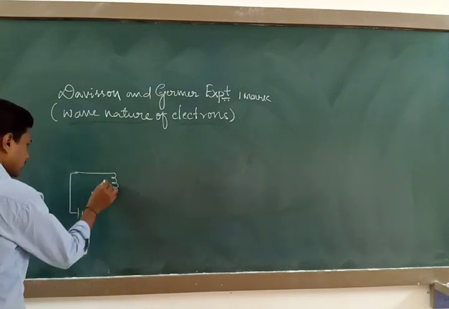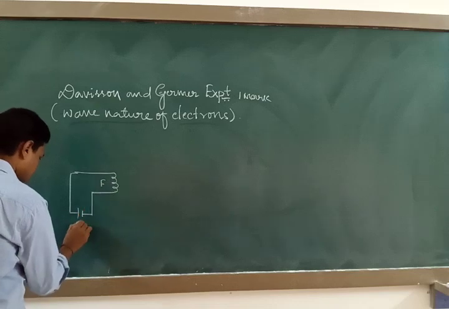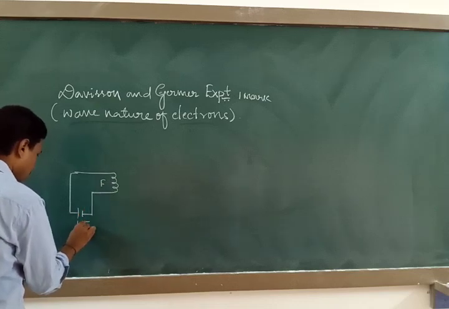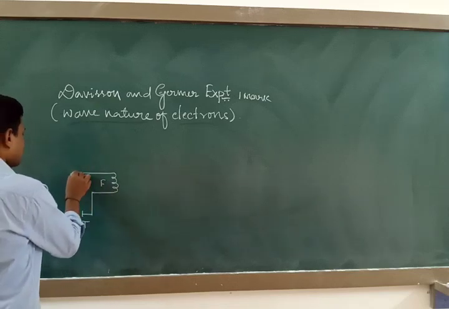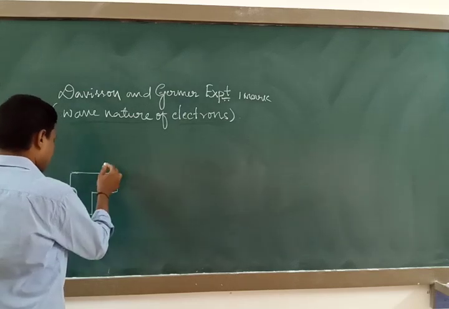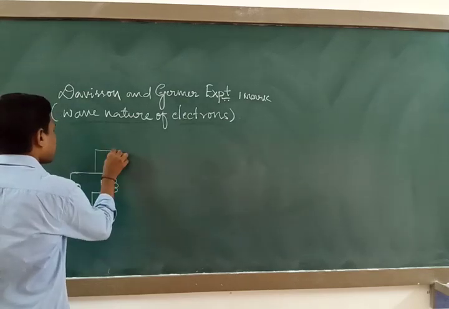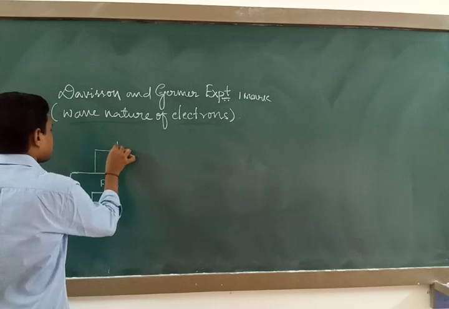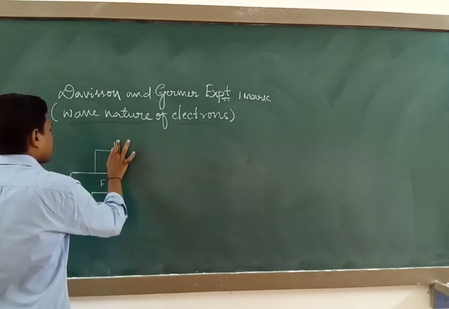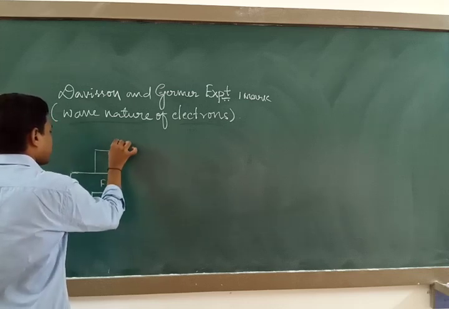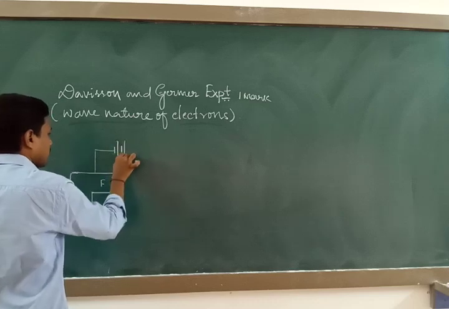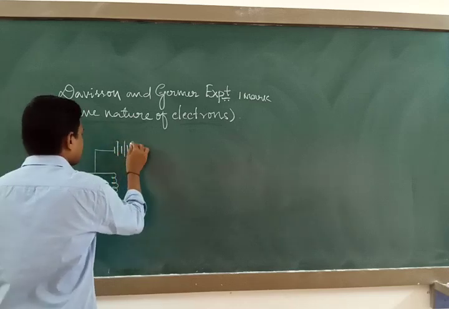Here it consists of one filament, and this filament is connected to a low tension power supply. And this filament is further connected to a high tension power supply. I am showing it here, you can go through this.